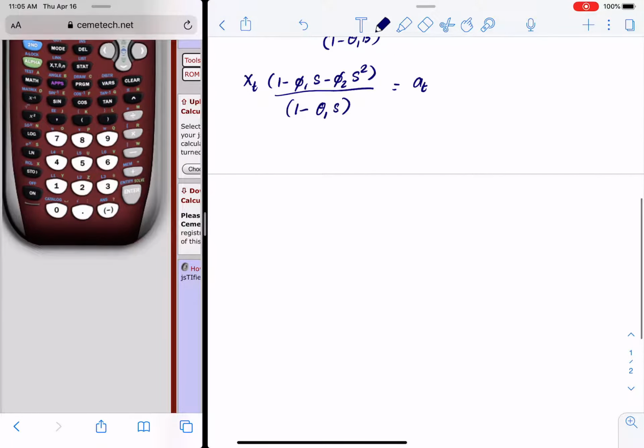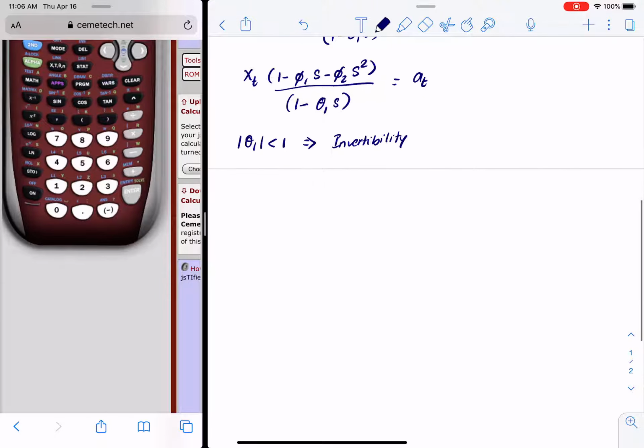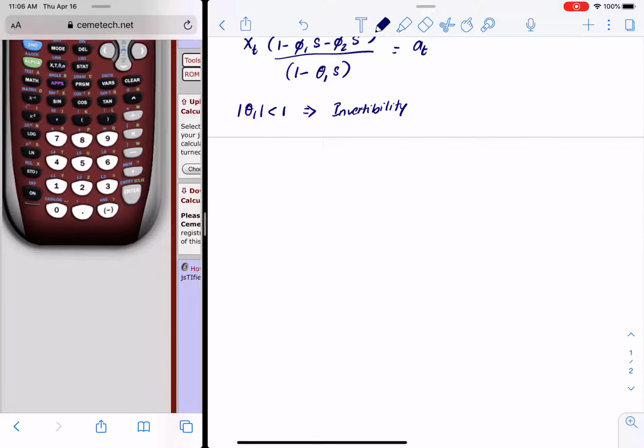And since we have a constraint on theta1, so that the absolute value is less than 1 and not equal to 0, indicating invertibility, we could write this as x_t times (1 minus phi1 s minus phi2 s squared) times 1 over (1 minus theta1 s) equals a_t.